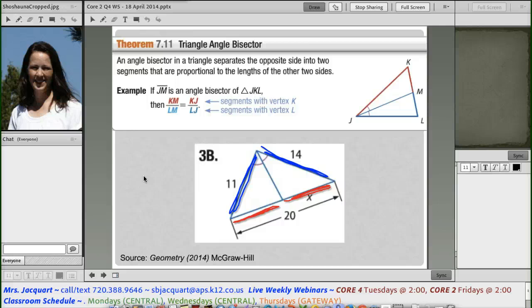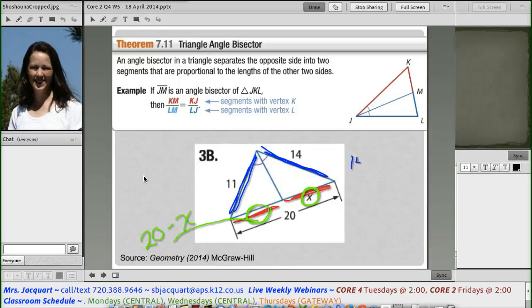Okay, so what we know already is that if that is x, then this side here is 20 minus x. Okay, so our ratio just got a little bit uglier as to how to set it up.